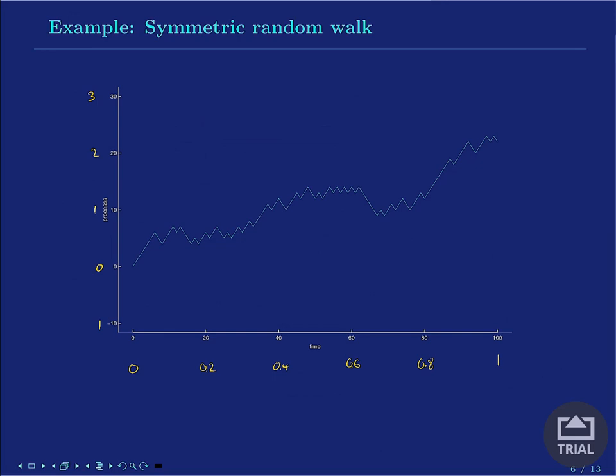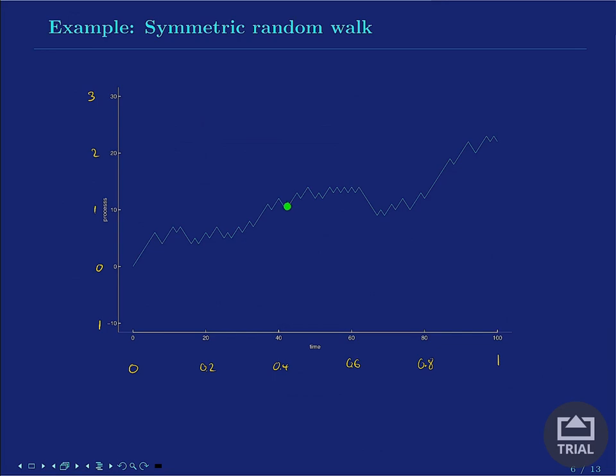And again, this rescaling is needed in order to cancel out the discrete steps by which this process moves between time points. So at each time point it jumps by exactly 1 or -1, and the Brownian motion of course needs to be continuous.